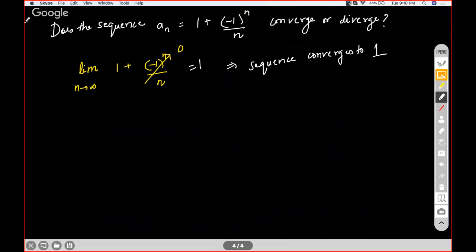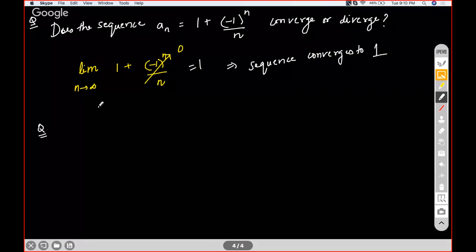Getting this? Okay, try this one. But sir, I thought 1 raised to infinity would be an indeterminate form, right? No, no, no. Something tending to 1, raised to the power infinity, is indeterminate, not exactly 1 to the power infinity.